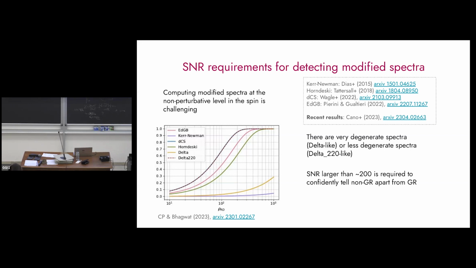If you are in GR, you can reduce the problem to a single master equation by a very clever manipulation due to Teukolsky, which is something that in general you cannot do in beyond GR theories. So you have a plethora of coupled differential equations, which make the problem very challenging. In the case of Kerr-Newman, they could do it. So after many years from Teukolsky's, they managed to reduce the problem to a smaller set of differential equations.